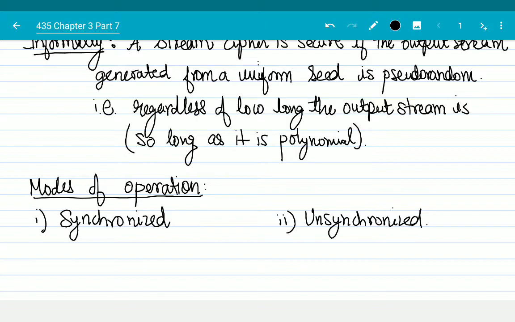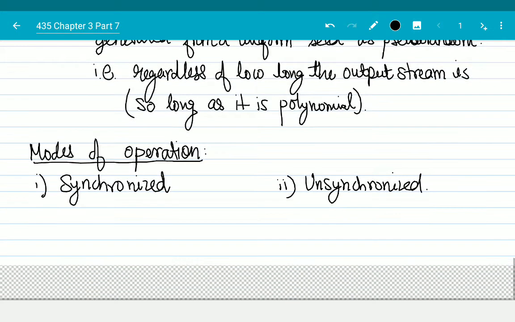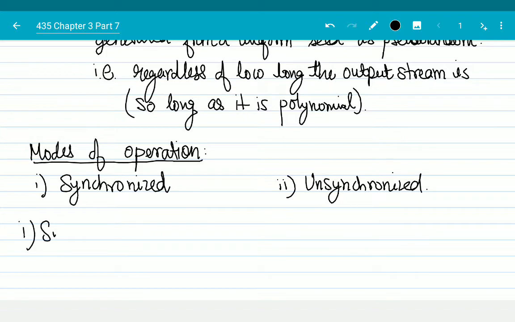So what is the synchronized mode? This is the easier to understand and for us preferred mode. So the sender and receiver always maintain the same state and must be synchronized.